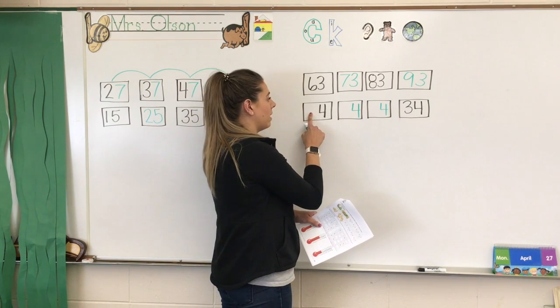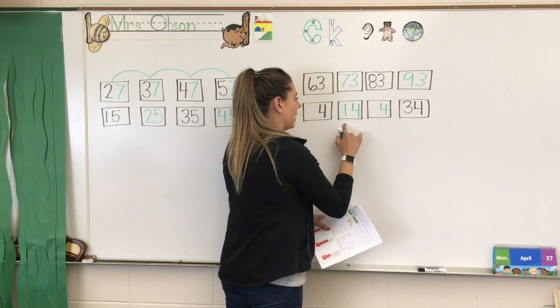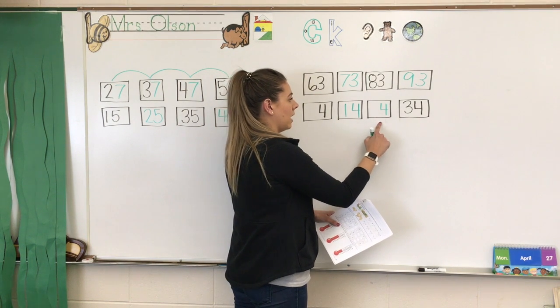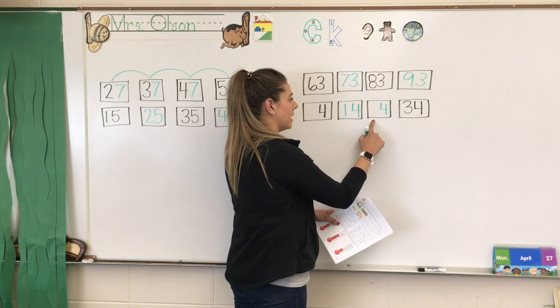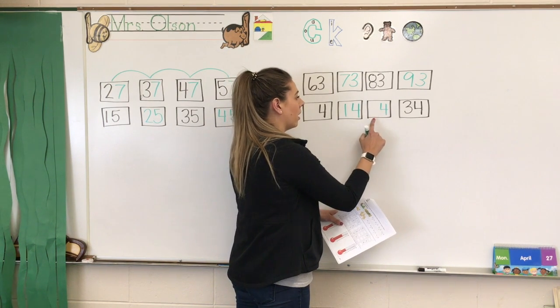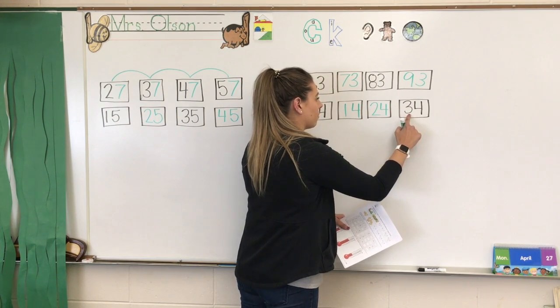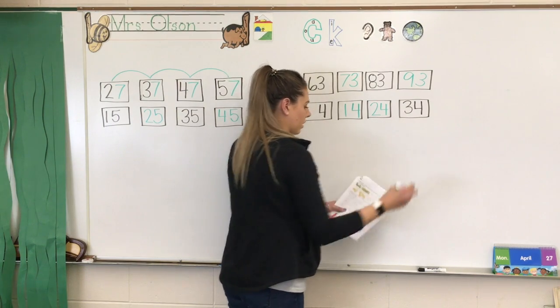So 0, and then if we add 10 to 0, we get 10, so we need to add 1 in our tens place. And so then we have 4, 14, and then we need to know what goes here. So what's the next number in our tens place here? So if we go from 1, then we go up to, that's right, 2, and then 3 here. So we have 4, 14, 24, and 34.